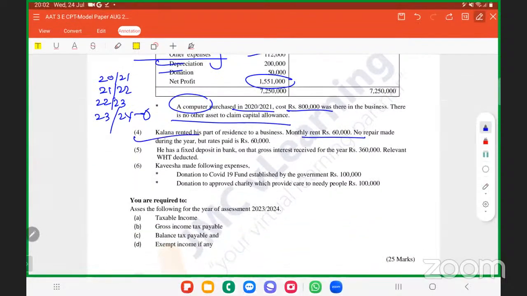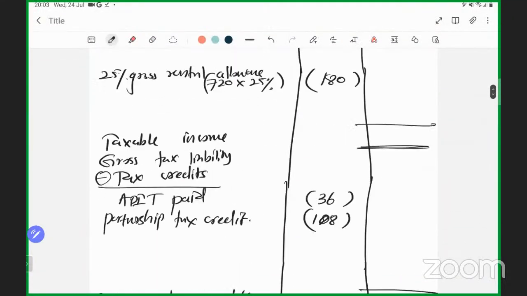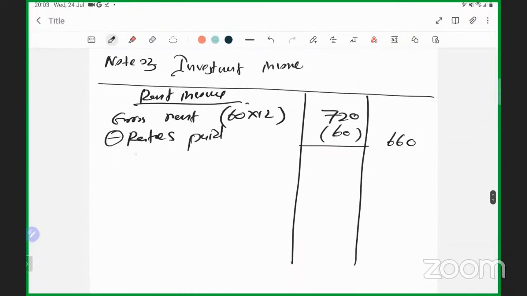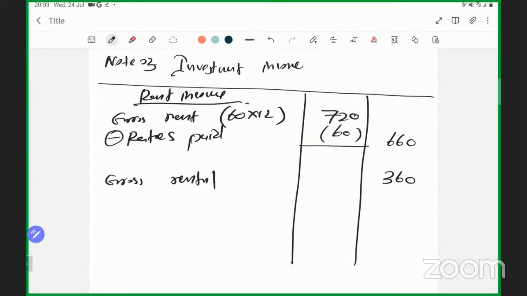So further, he has a fixed deposit in a bank, on which the gross interest received for the year is 360. The relevant withholding tax was also deducted. Here, you have to take the gross interest. So how much is the gross interest here? 360.